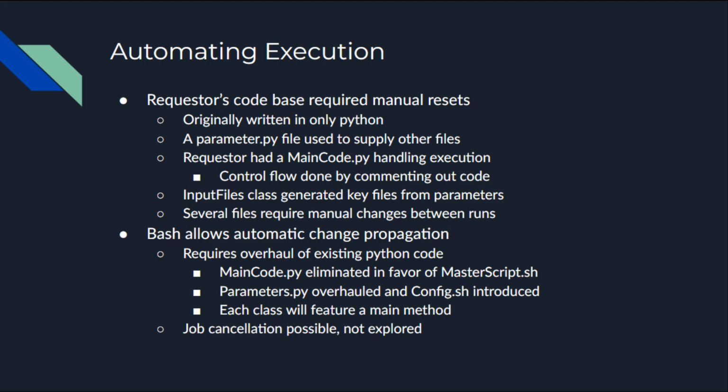MainCode.py had calls for every file, but this control flow wasn't conditional on anything. It was just based off of Fahed's own reasoning on what he needed at the time. What that means is he had a bunch of different method calls to all of these subclasses that would create directories or generate key files and so on to help him set up his matrix of execution.